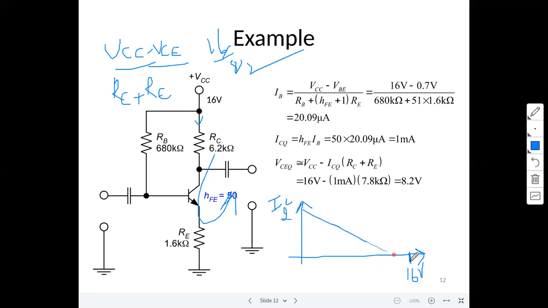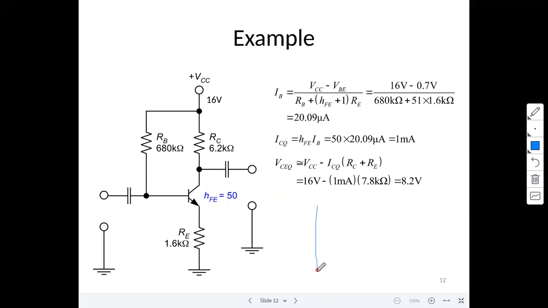Now this is the DC load line. This is 16 volts, and here it is 2 milliamperes. This is the DC load line. How to locate the Q point here?